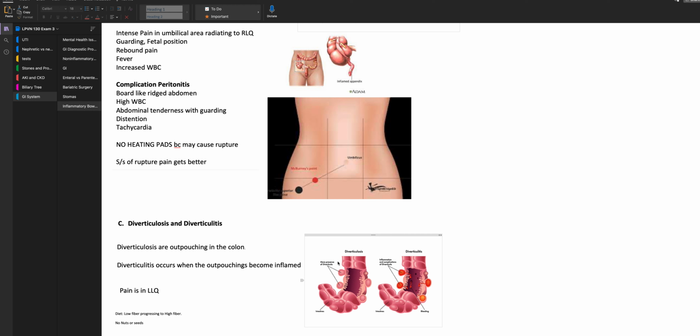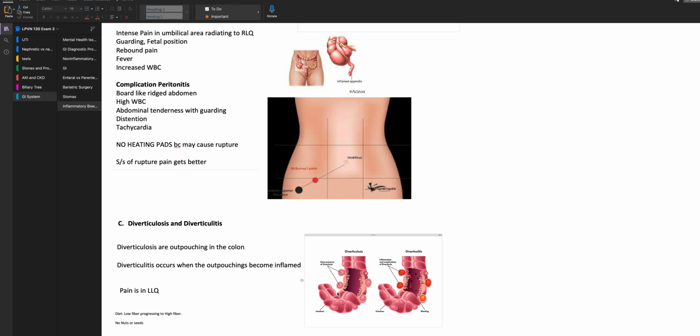All right, diverticulosis versus diverticulitis. Diverticulosis is characterized by outpouchings in the large bowel, the large colon. It happens in older adults, and that makes sense to me because everything gets weak as you get older. They can get diverticulitis if the outpouchings become inflamed.